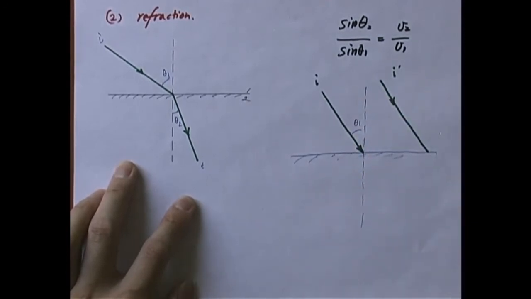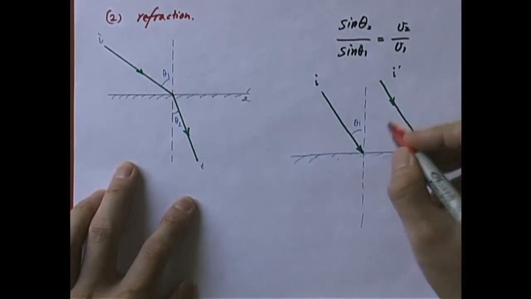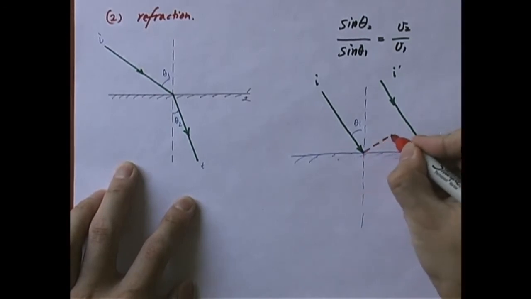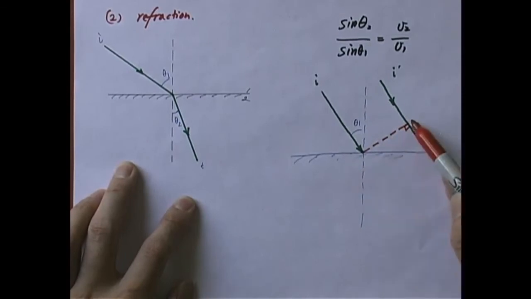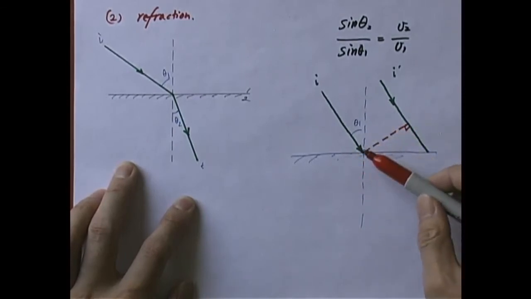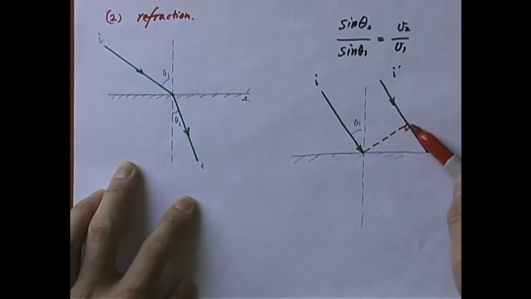At t equal to 0, the first beam has just arrived at the border. The second beam has not yet arrived because the wavefront is like this. The light has only reached this surface, and it's going to take some time for the light in this beam to keep traveling to hit the border.